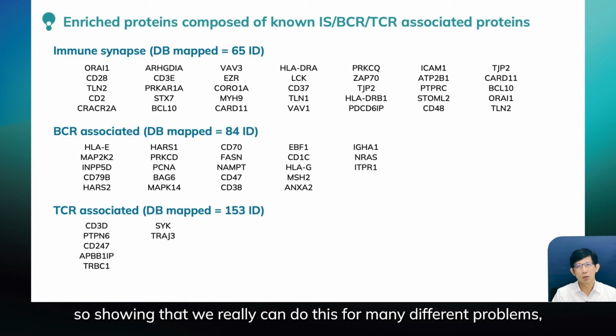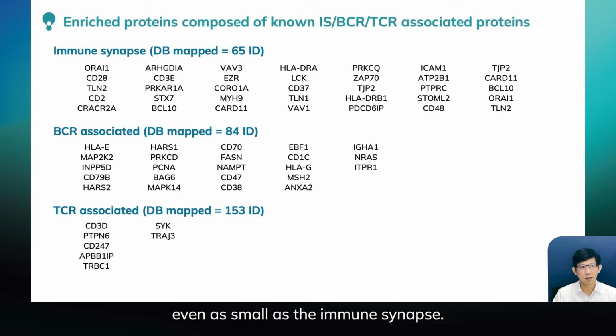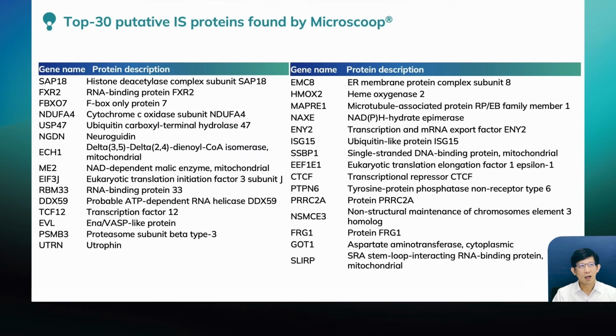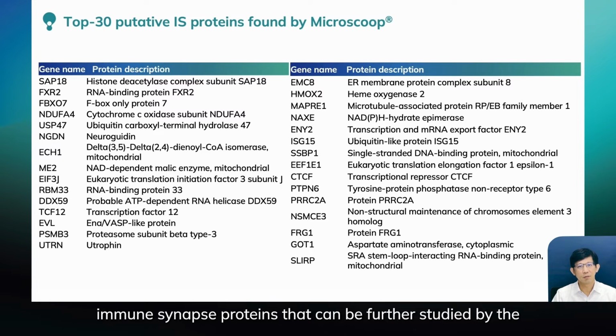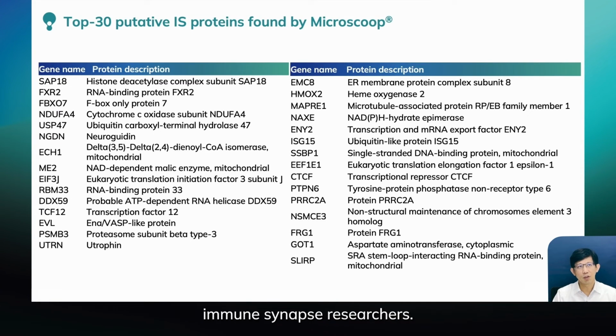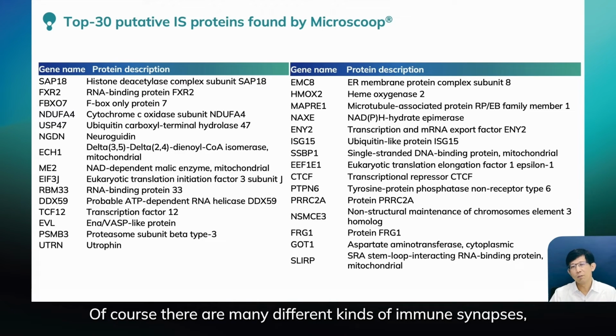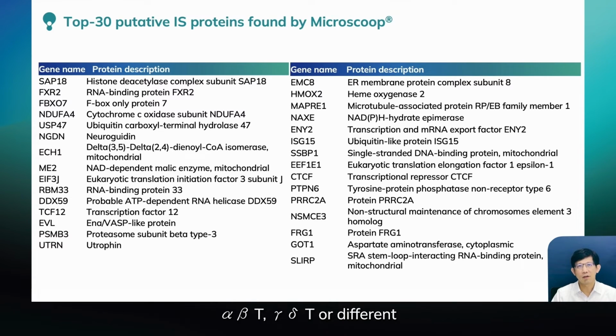So this shows that we really can do this for many different problems, even as small as the immune synapse. We discover new immune synapse proteins. This can be further studied by immune synapse researchers. Then, of course, there are many different kinds of immune synapse, alpha beta T, gamma delta T, or different involvement in cancer immune therapy.